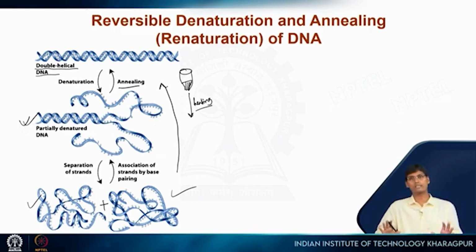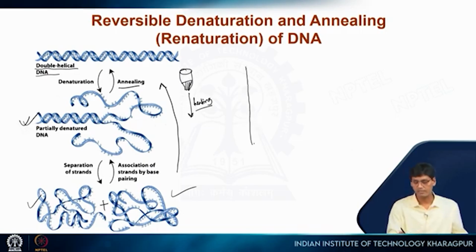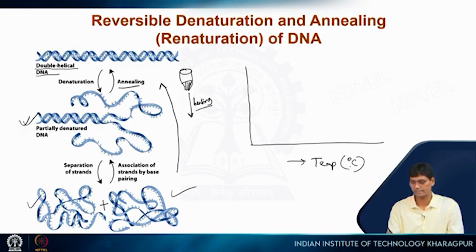And this is a very important property of DNA, which allows us to design many different types of experiments, which I am going to discuss sometime later. On this basis, if I plot this, here on the x-axis is temperature, for example, in degree centigrade.